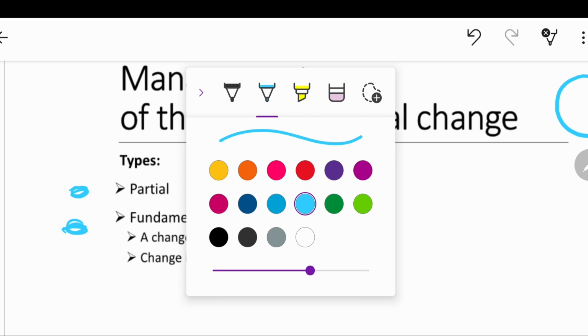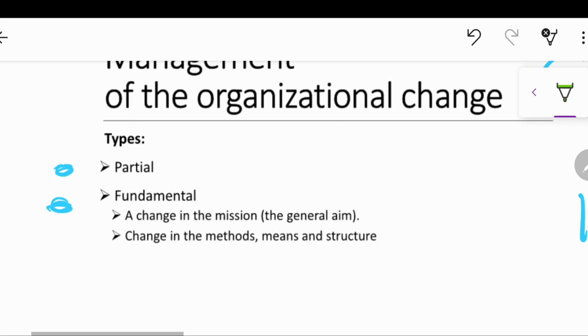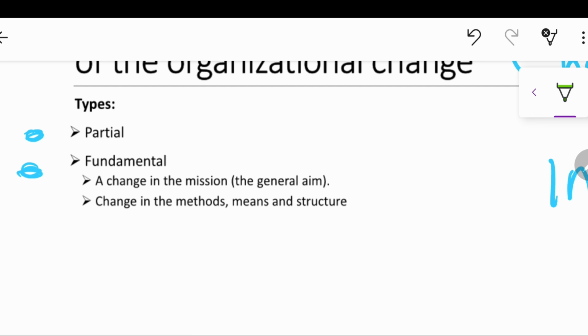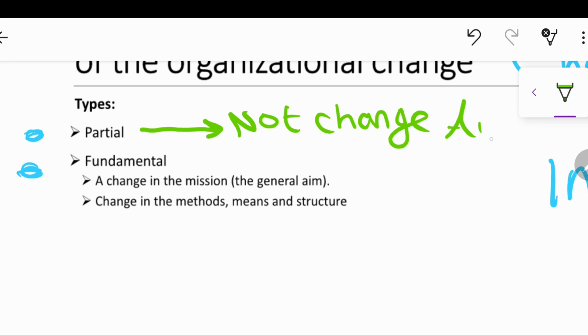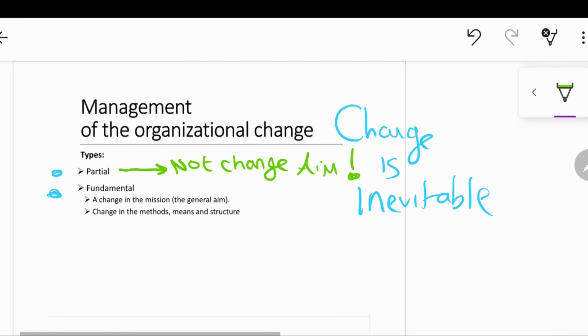All right. A partial change is a small change. All right. Now, a partial change is something that does not change the aim. The aim is still intact within the partial change.